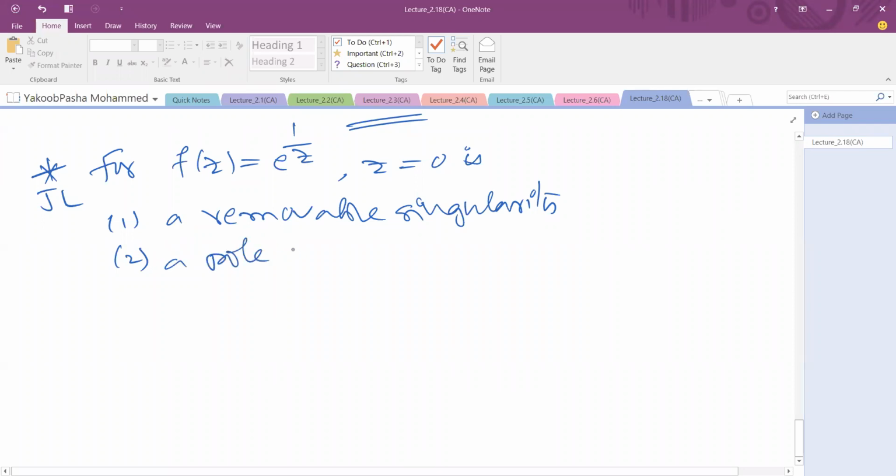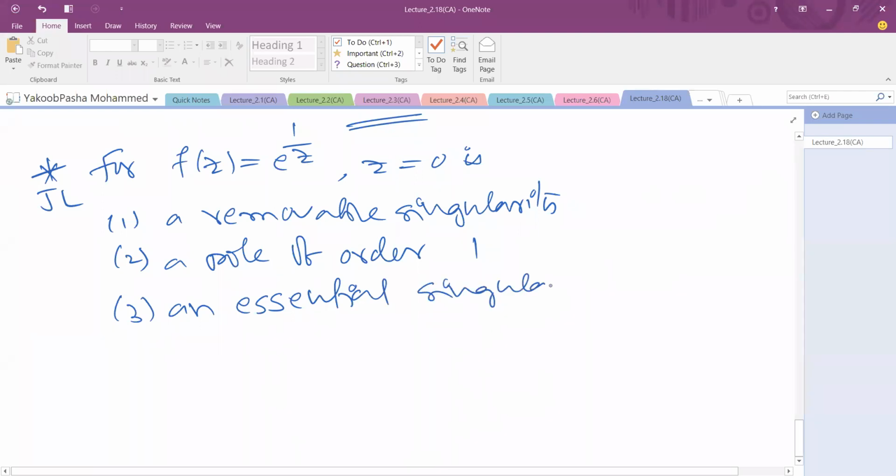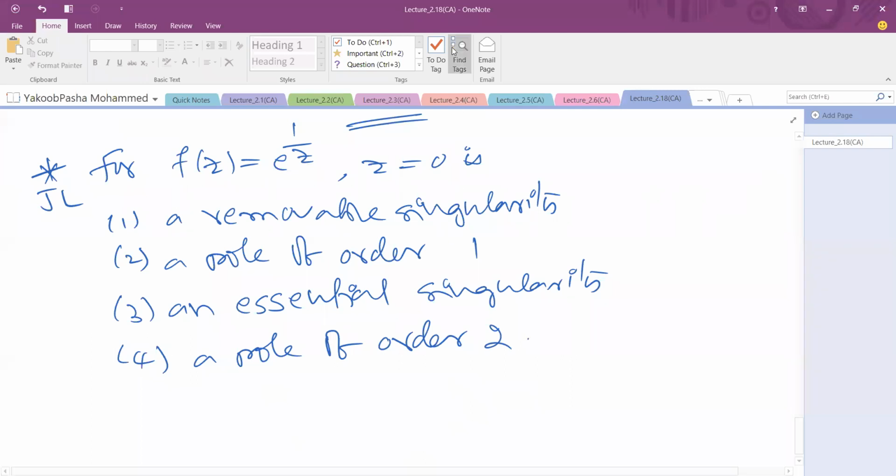Third option, an essential singularity. Fourth option, a pole of order 2. Okay, these are the 4 options we have.